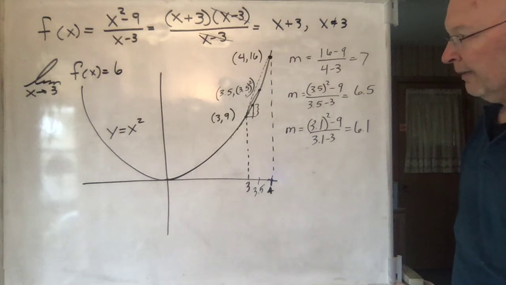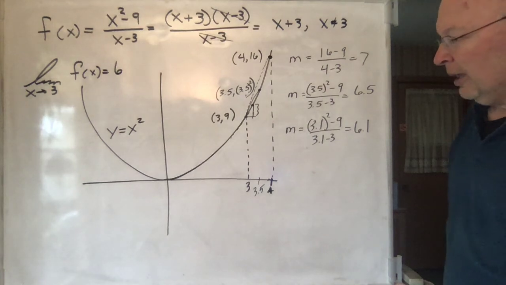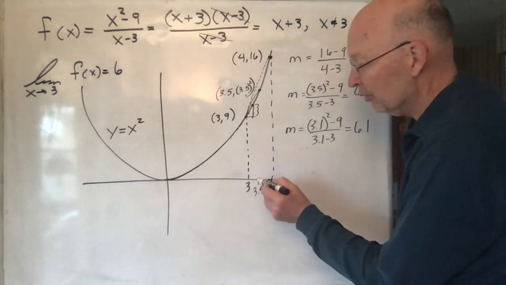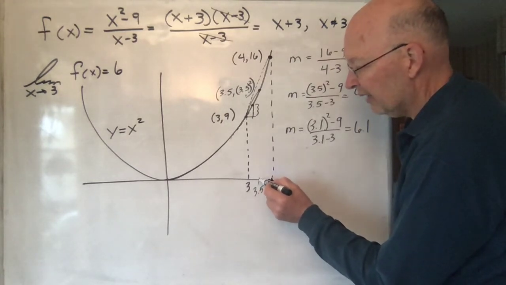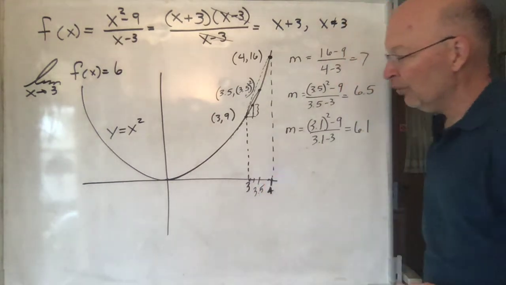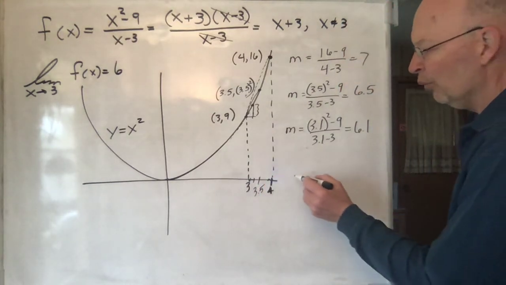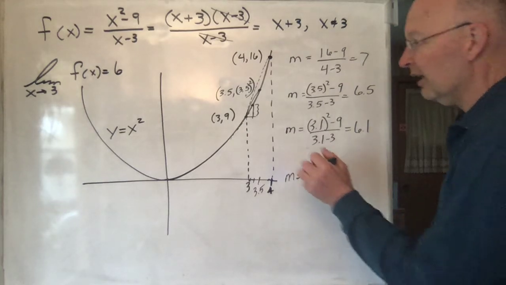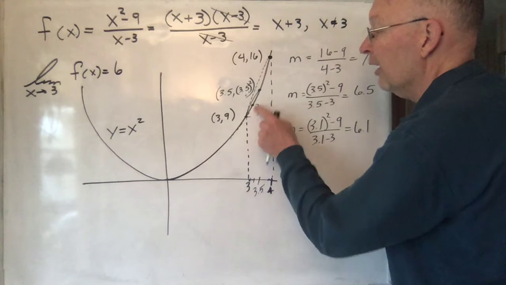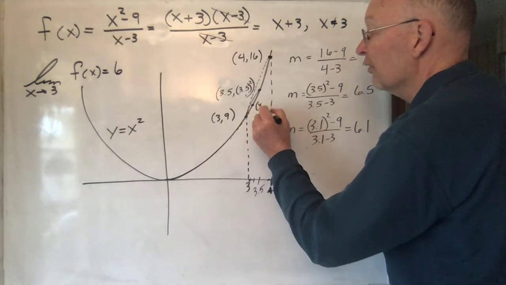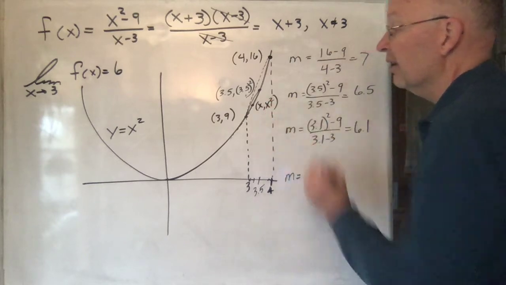So that's all good, but what we're really doing is we're saying what happens as you let this value here get closer and closer and closer to 3. So what we're really interested in is, let me change this now and just call it the point x, x squared.